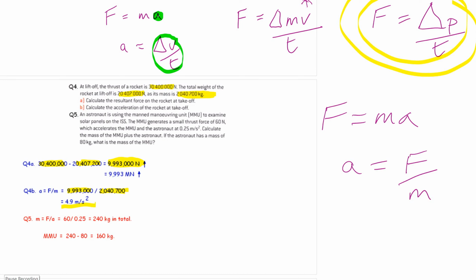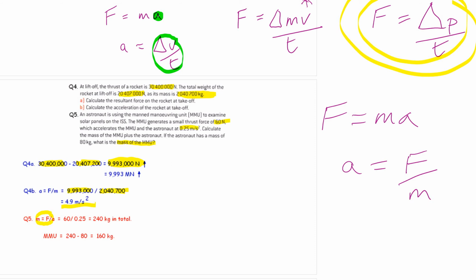Now question 5, we can read through that, but what we're after is the mass of this MMU. What we've done is we've rearranged the F equals ma equation. So we want to know what the mass is. The force is 60 newtons. Divide that by the acceleration, which is 0.25 meters per second squared.